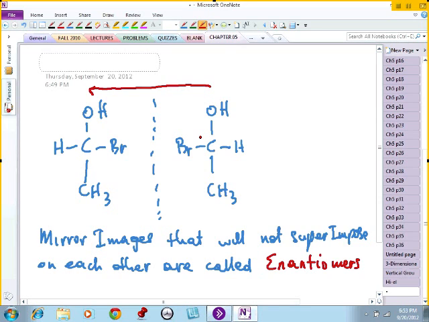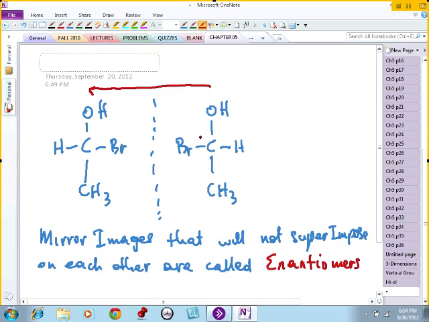Those two things you could do. That is the only way you could find out whether they superimpose or not. So it really depends on where the atoms are attached on that molecule. Because if the bromine is on the other side, where the hydrogen is, you could superimpose it. But bromine is not on the other side.